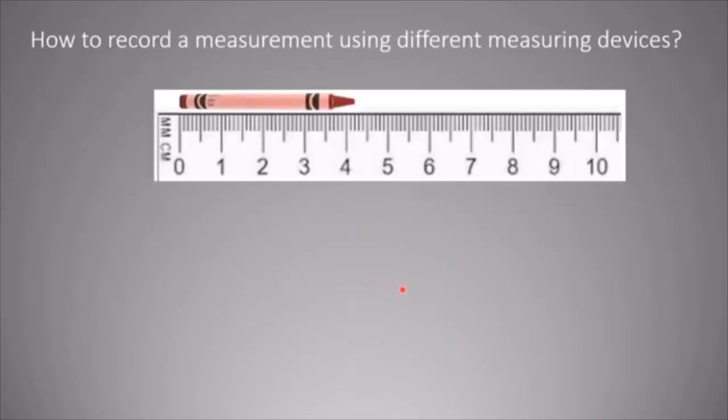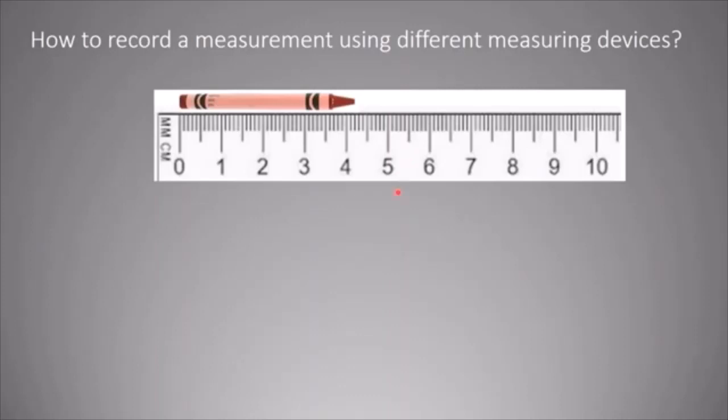Okay, let's move to the next example. In this example, the centimeter ruler is divided in 0.1 centimeter, like each line worth 0.1 centimeter. So when you record the length of this crayon using this ruler, you will estimate it to the 100th place.